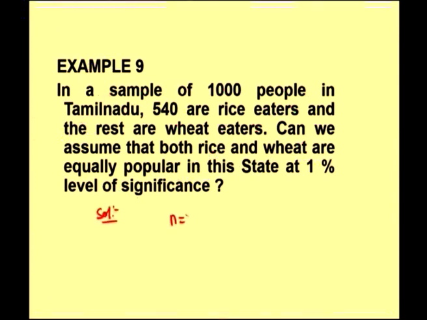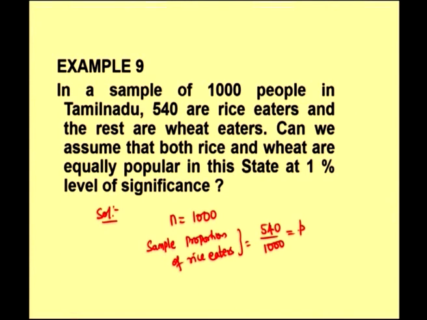First of all, take the sample. The sample size is 1000 and 540 are rice eaters. So, the sample proportion of rice eaters is 540 divided by 1000, represented as small p. We will stick to one attribute, that is rice eaters, and another class of people are not rice eaters.